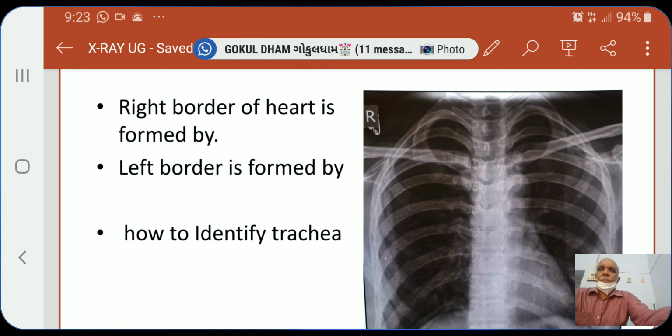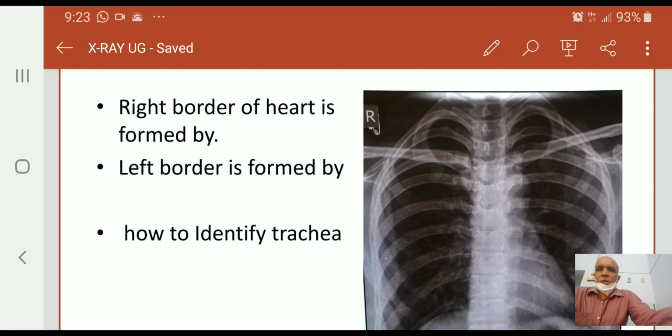Commonly we should know which structures form the borders of the heart. Is the right border of the heart formed by the right atrium or right ventricle? One student says right ventricle. A second student says it is formed by both the right atrium and right ventricle. But the right cardiac border is mainly formed by the right atrium.